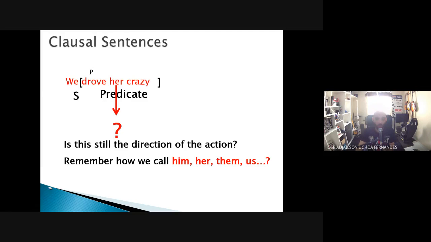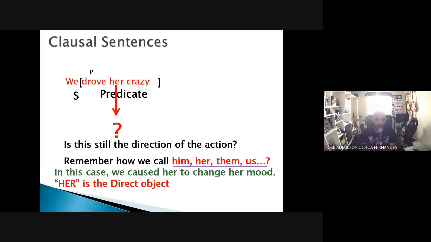Okay. Now, just as a hint, I have just mentioned this, but keep in mind how we call these pronouns. They are the objective pronouns, but objective pronouns can be either direct or indirect. In this case, we caused her to change her mood. So her is the direct object.